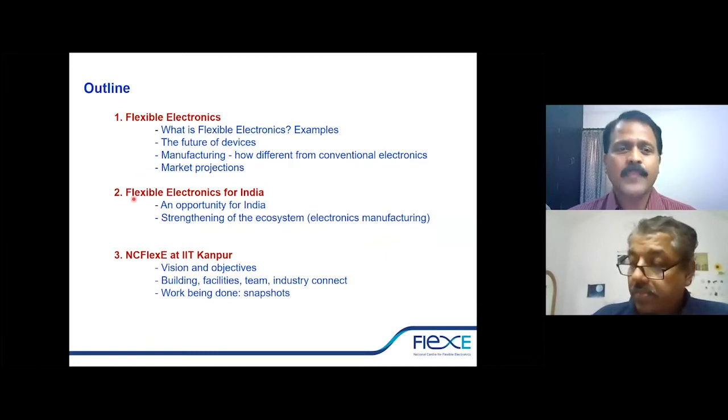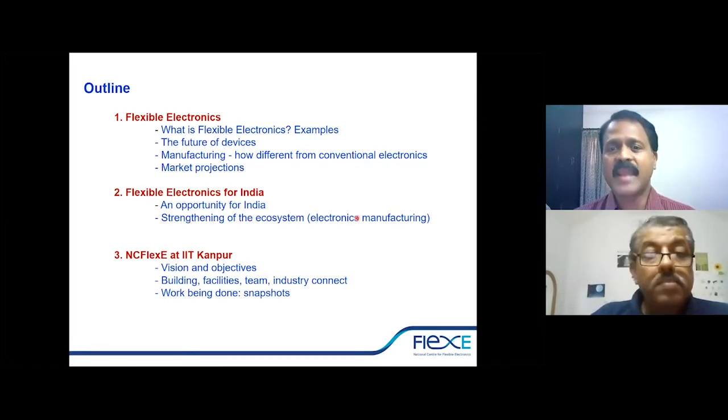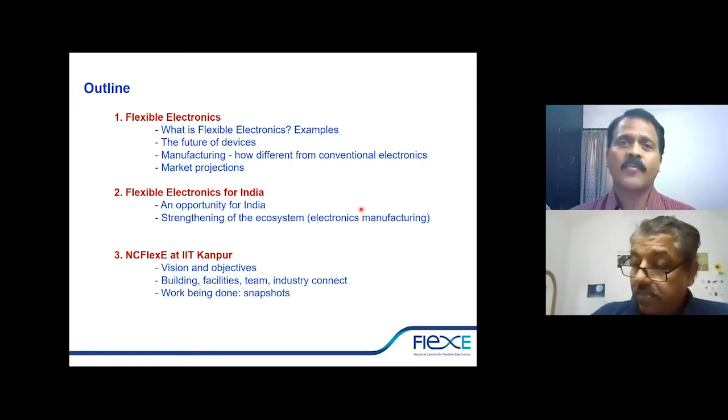In the second part of the talk, I will make a case for flexible electronics for India and show how this is an opportunity for India to play a role as a leading manufacturer in this field. And also mention how the current steps for strengthening the ecosystem in electronic manufacturing also bode well for the field of flexible electronics.